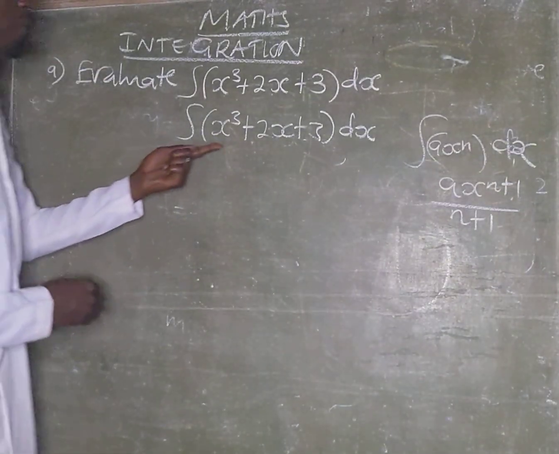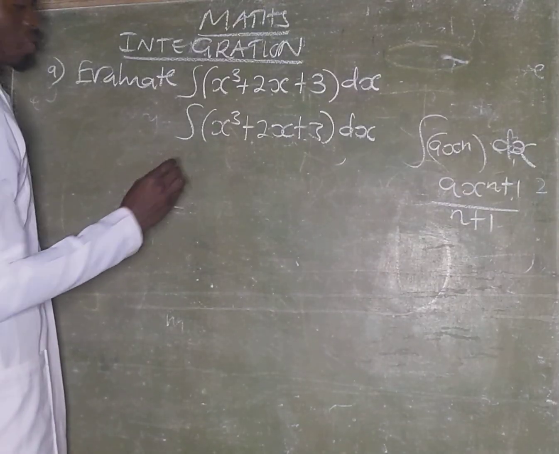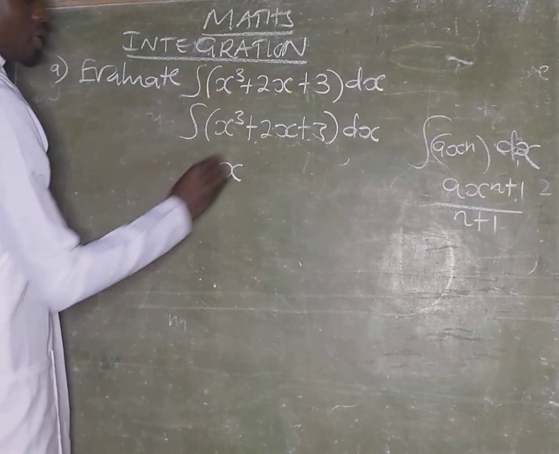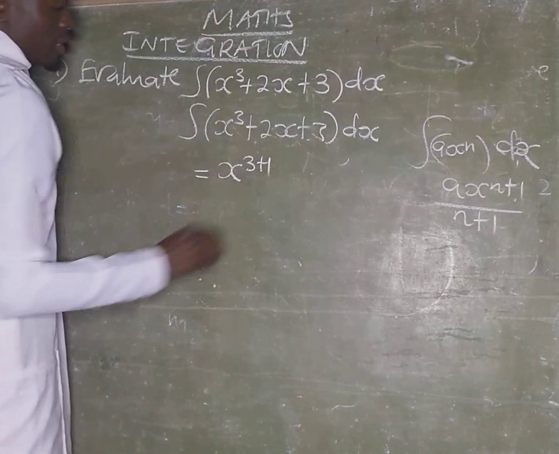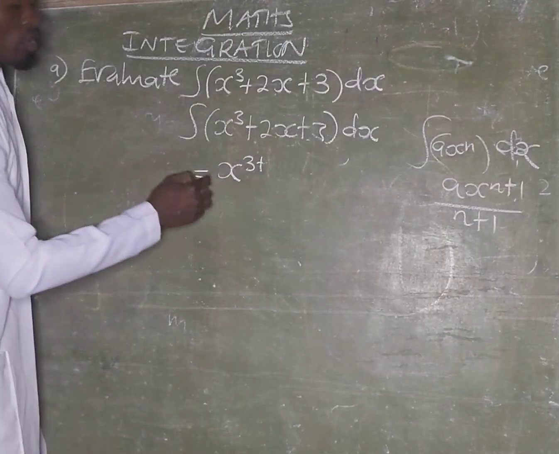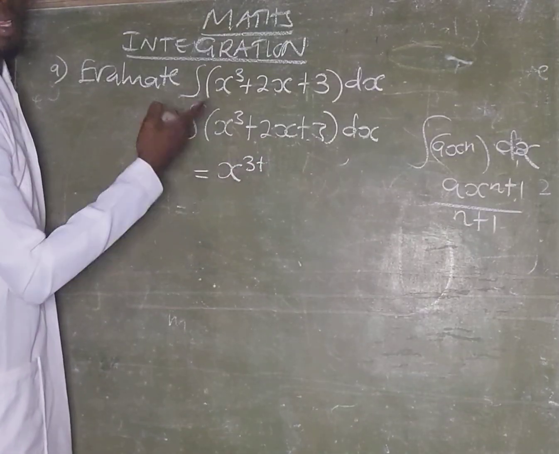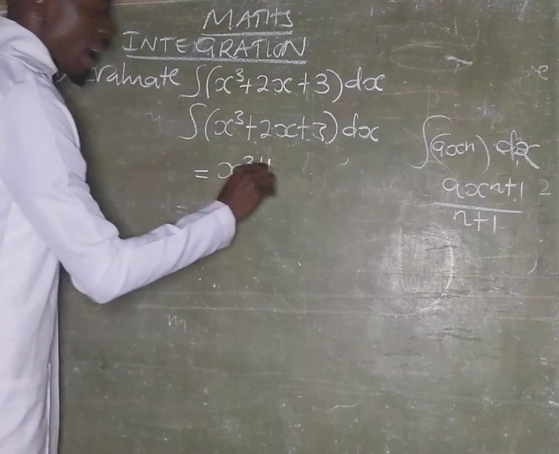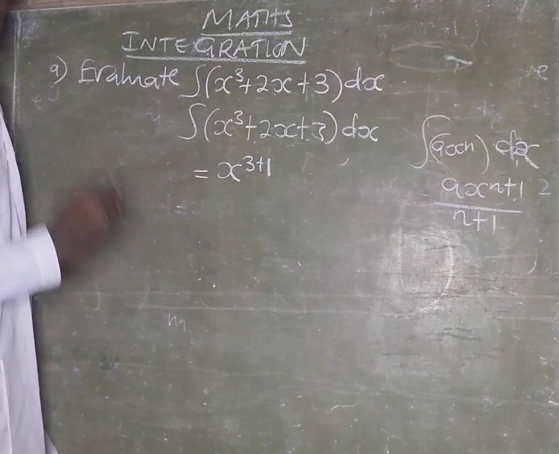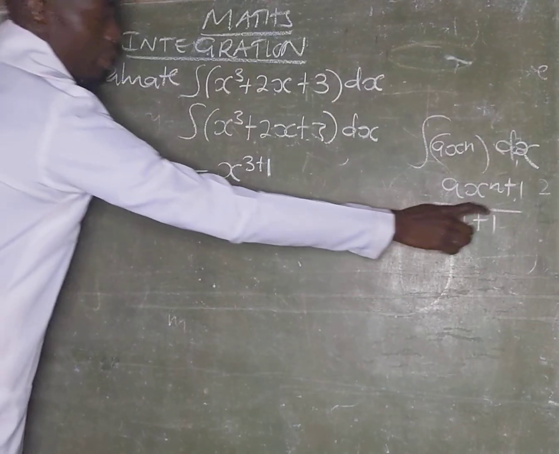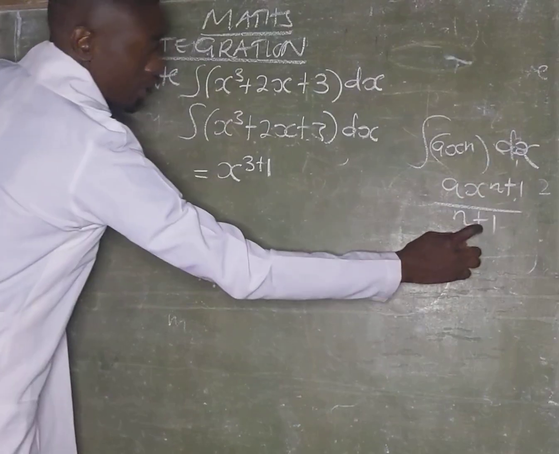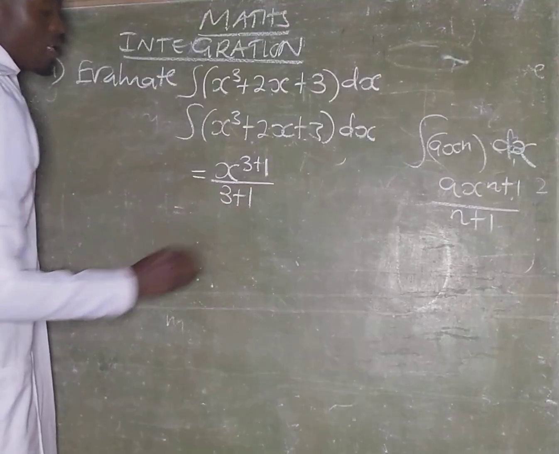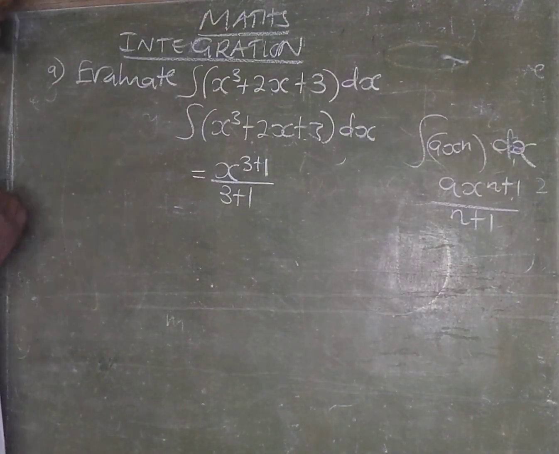In this case, we have x raised to the power 3. We increase the power by adding 1, and then we divide by the same power, so we have 3 plus 1 underneath. Here there is no need of multiplying.